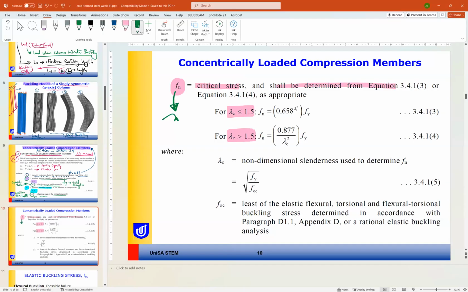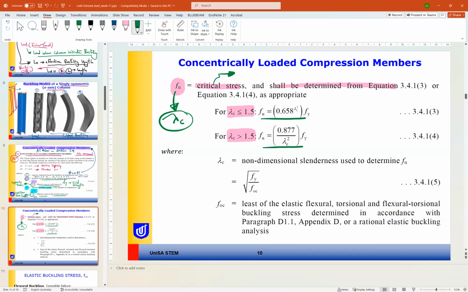Fn depends firstly on lambda C. If lambda C is less than 1.5, you will need to use this formula: Fn equal to 0.658 to the power lambda C squared, multiplied by Fy. Or if lambda C is more than 1.5, Fn, the critical stress, is equal to 0.877 divided by lambda C squared, times Fy.